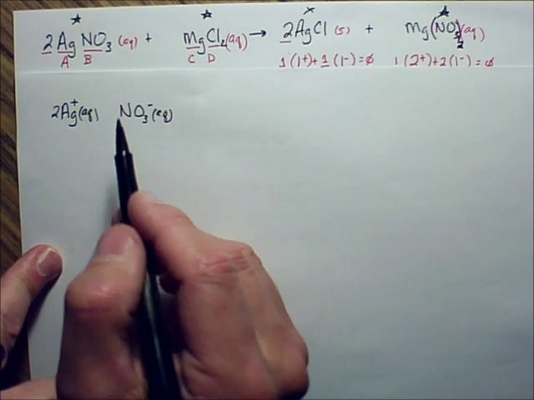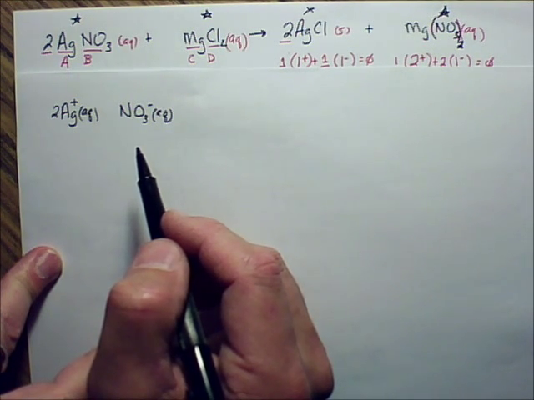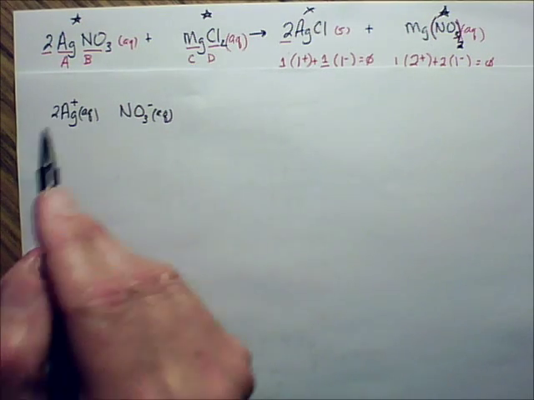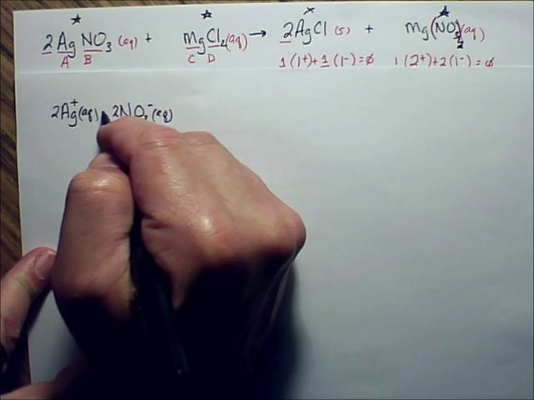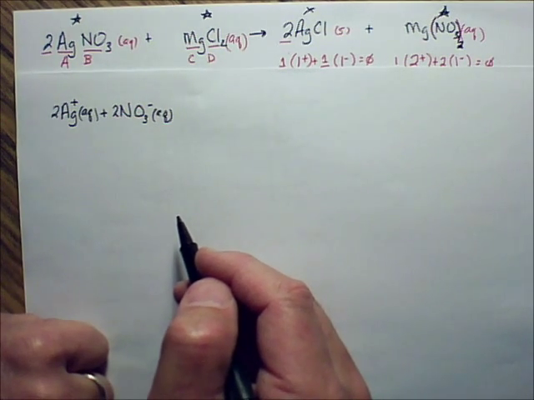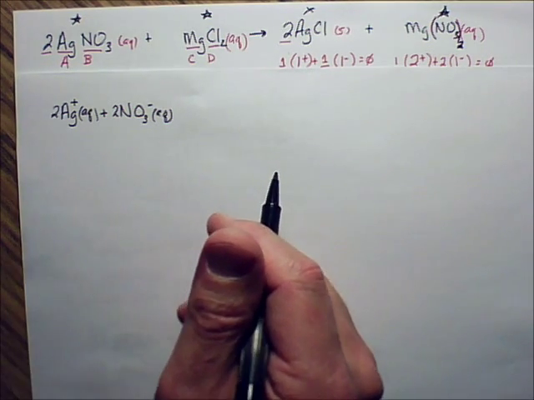Okay, and Daniel, how many nitrates are there? 2. Doing a complete ionic equation, this 2 applies to everything. 2 nitrates. Now, Brandon, I'm ready to put that plus sign in between.